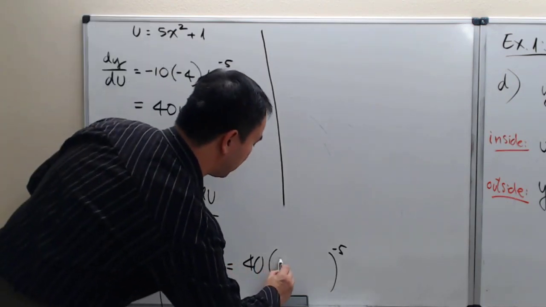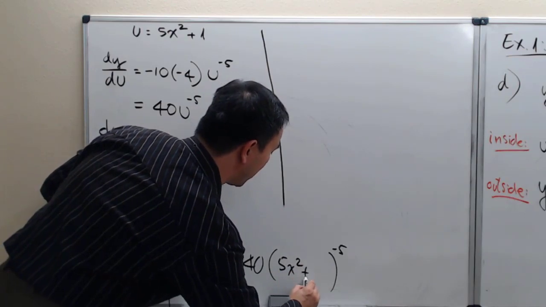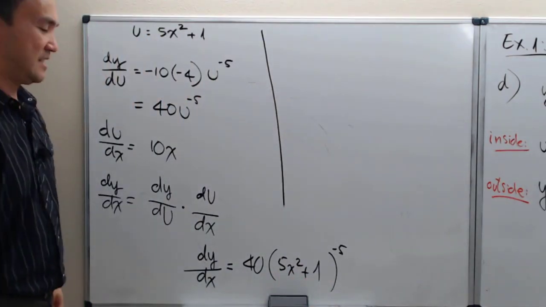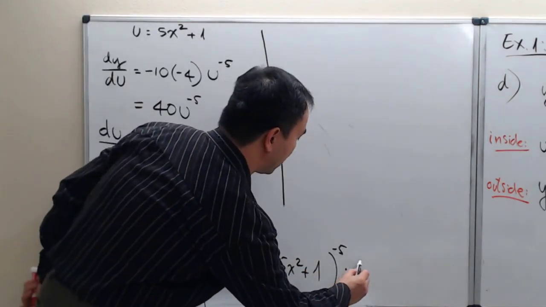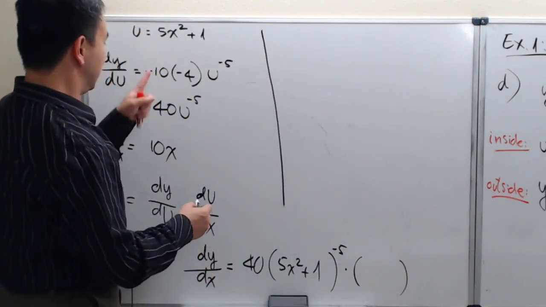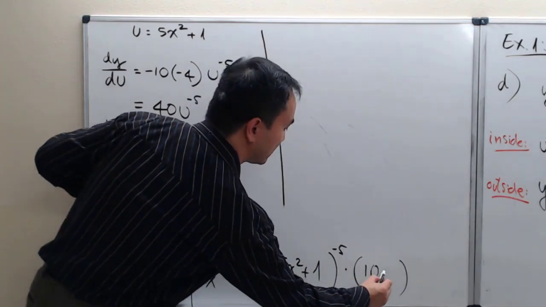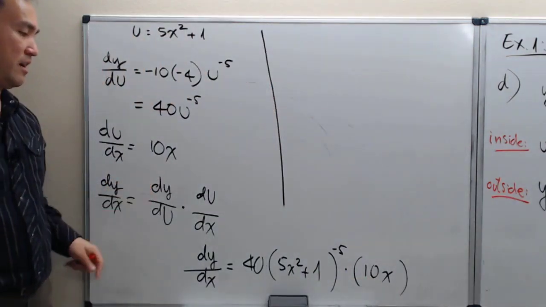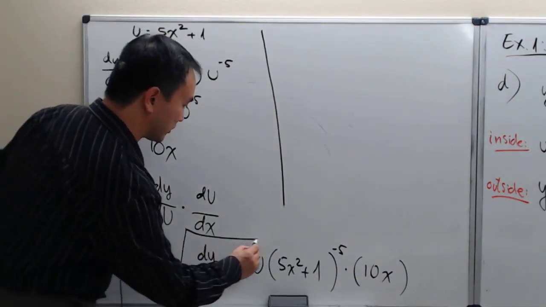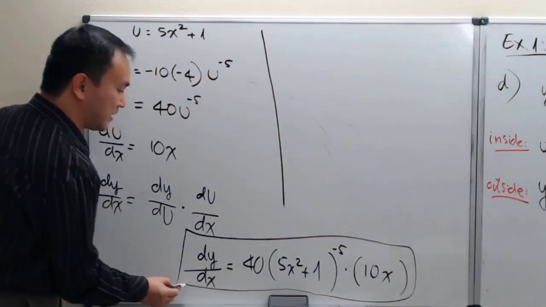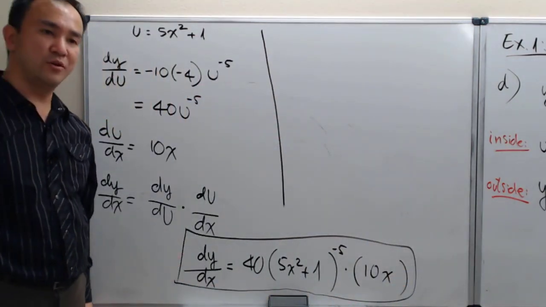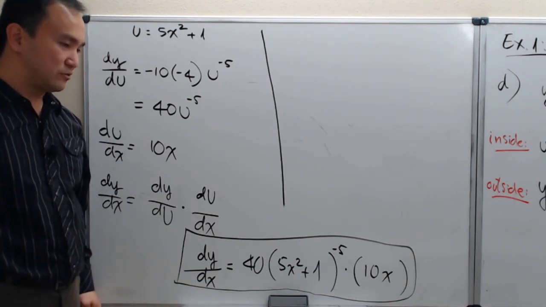So 5x squared plus 1 stays inside parentheses. Now multiply with du dx, the 10x right here. So now I have our final derivative completed. That's one style of how we present our steps right there.